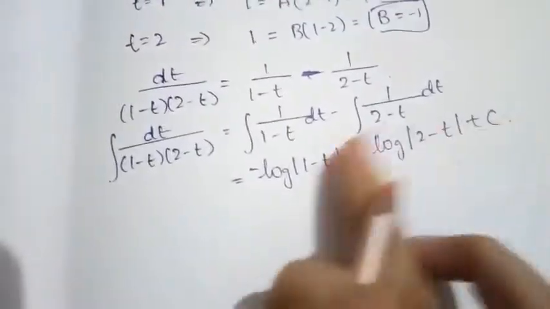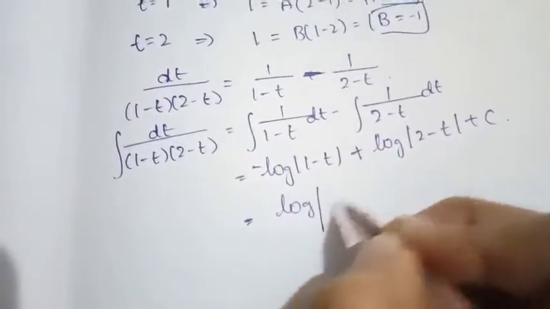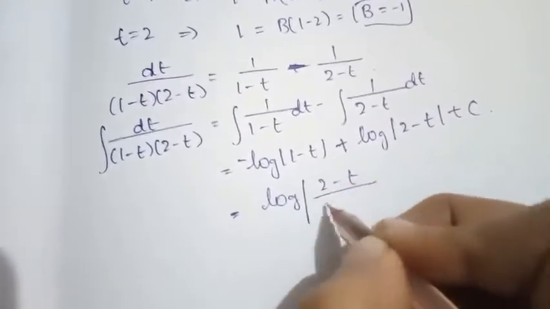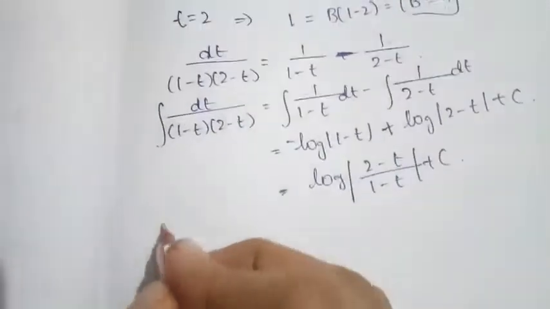So how can I write this one? I can write this one as log mod (2 minus t) divided by (1 minus t) plus c. Now resubstituting back the value of t.